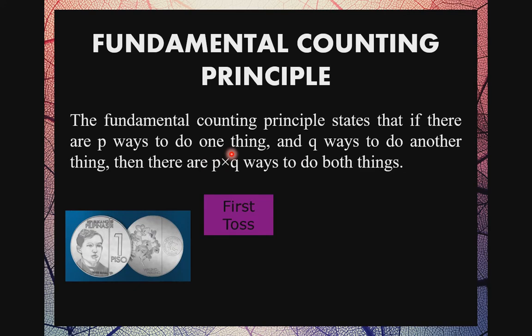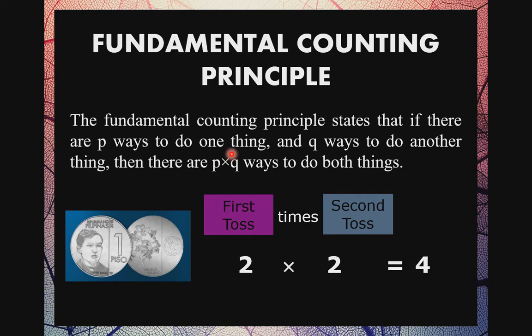For example, in tossing coins, how many possible outcomes do we have on the first toss? Two, right? And on the second toss, also two. So all in all, when we multiply using the fundamental counting principle, we get 4 possible outcomes.